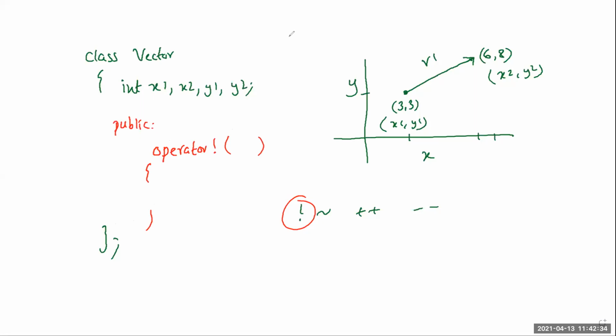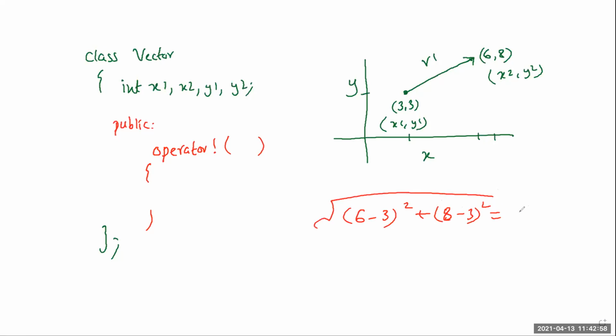In all the examples we have been doing so far, when we were using point, the return type was point. When we were using counter, the return type was counter. But now, do not just write vector here. You have to think: when you compute the magnitude of a vector, what do we get as an answer? If you compute this, the answer is actually a real number.